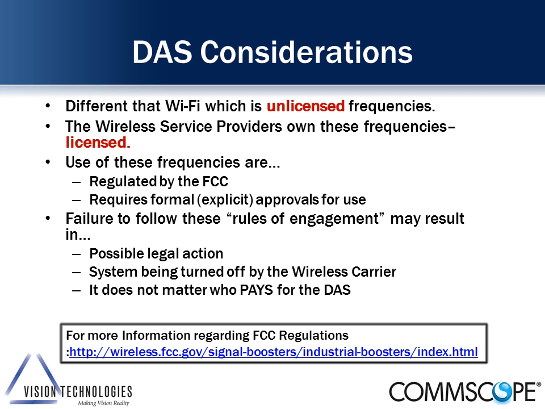You have to go through a formal approval process to get permission to use those in a distributed antenna system. If you don't follow those rules of engagement, many things can happen. It's not uncommon for a carrier to go into a location that hasn't gotten permission and actually shut that system down. So we cover all this right up front with the enterprise client to let them know that there are specific rules of engagement.